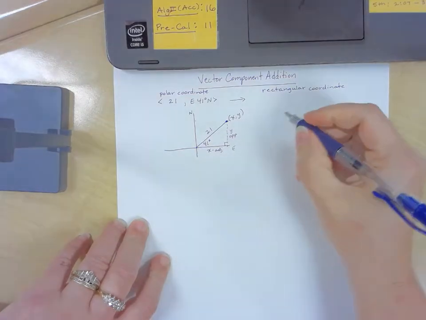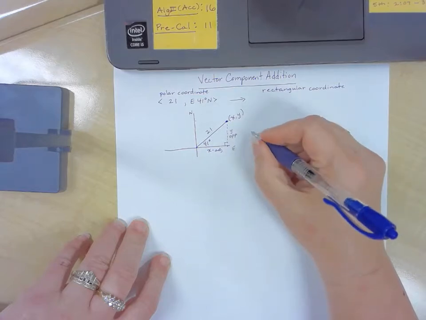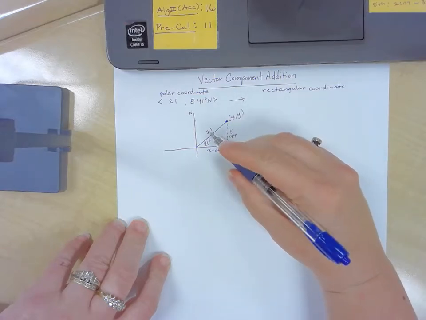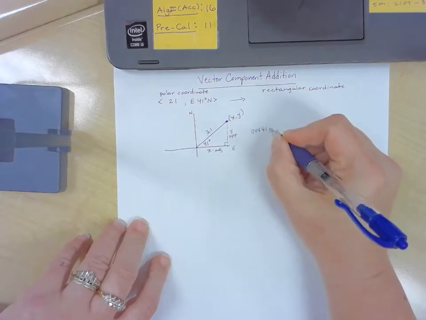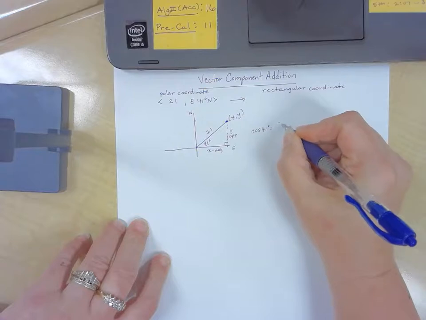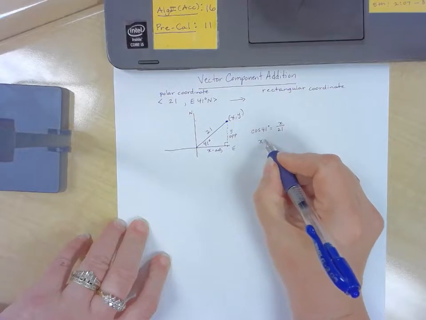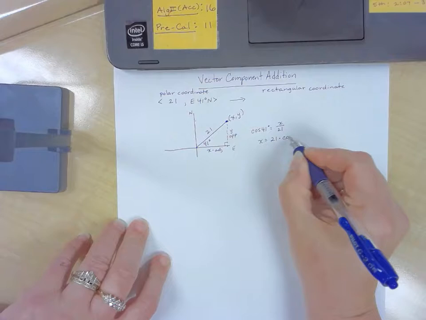So if I wanted to set up a way to find x and y coordinate, I'd use the cosine because it's adjacent and hypotenuse, and so the cosine of 41 degrees would be equal to x over 21. And then to solve that, x would be equal to 21 times the cosine of 41.